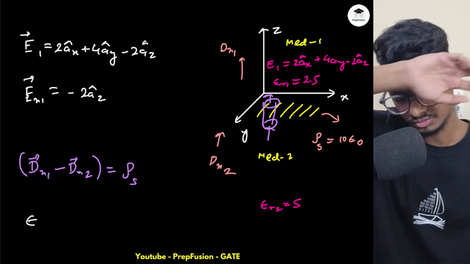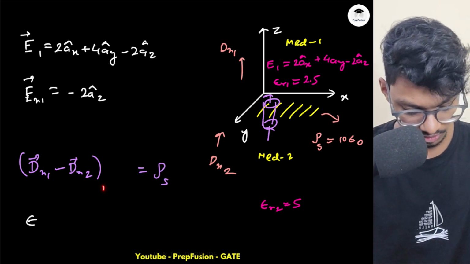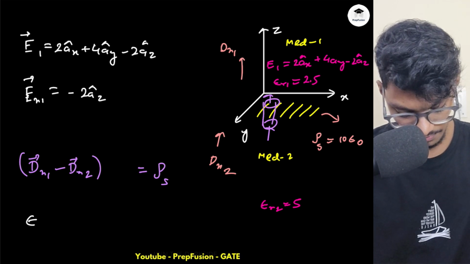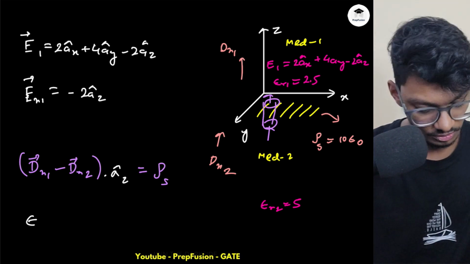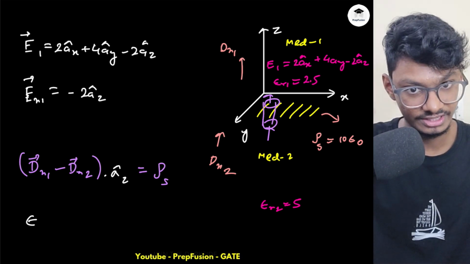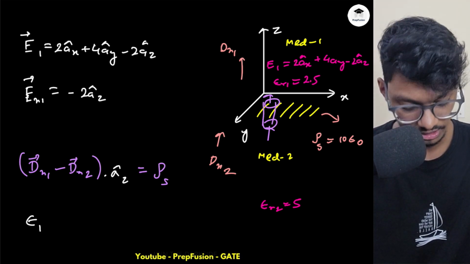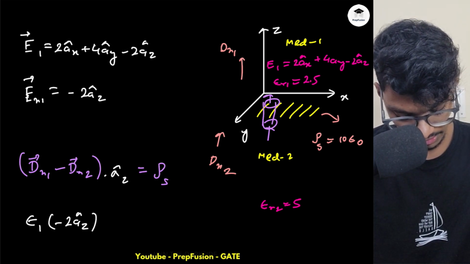What do I mean by this? What was the actual formula? I had to take a dot product with the surface vector. The reference surface vector I have assumed in this direction, which is the positive az cap direction. So now we'll write everything very carefully. This will be epsilon 1 into En1, and En1 is minus 2 az cap.